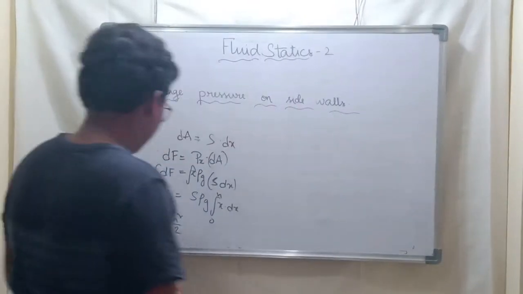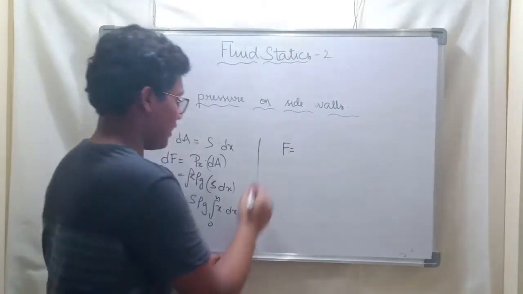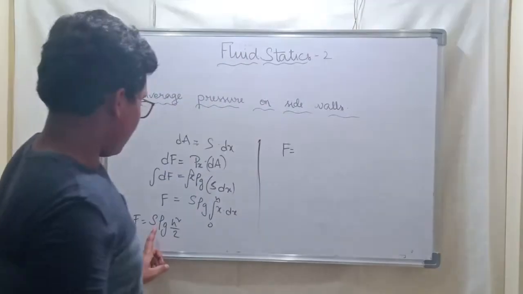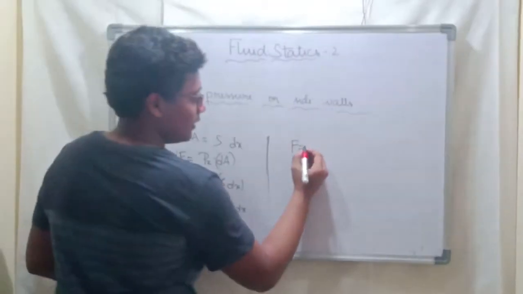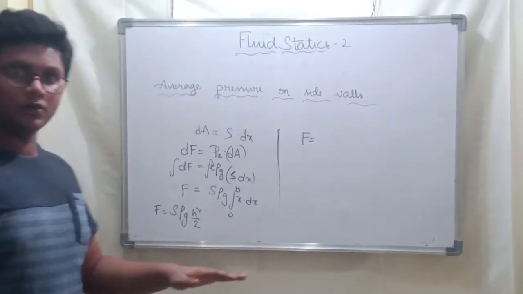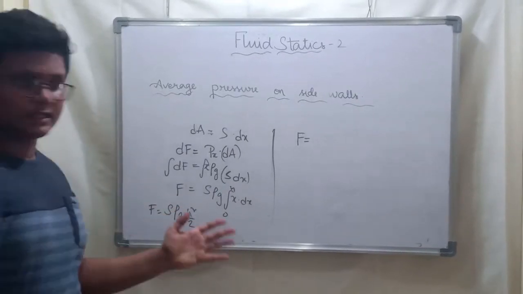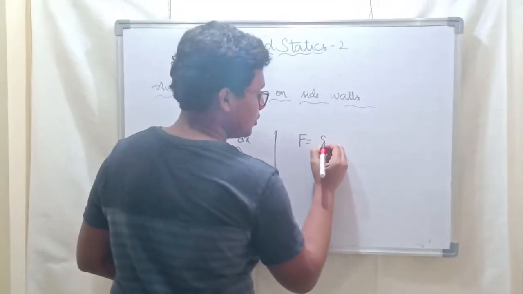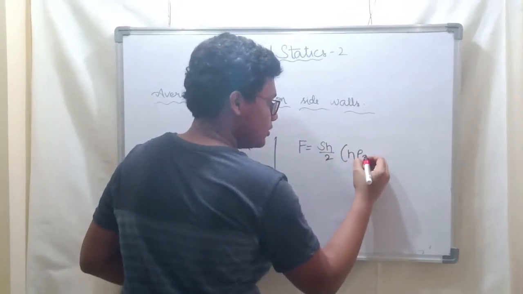Next, F is equal to s rho g into h square by 2. We know that s into h is equal to the area, sh is equal to A. So sh by 2 into h rho g.